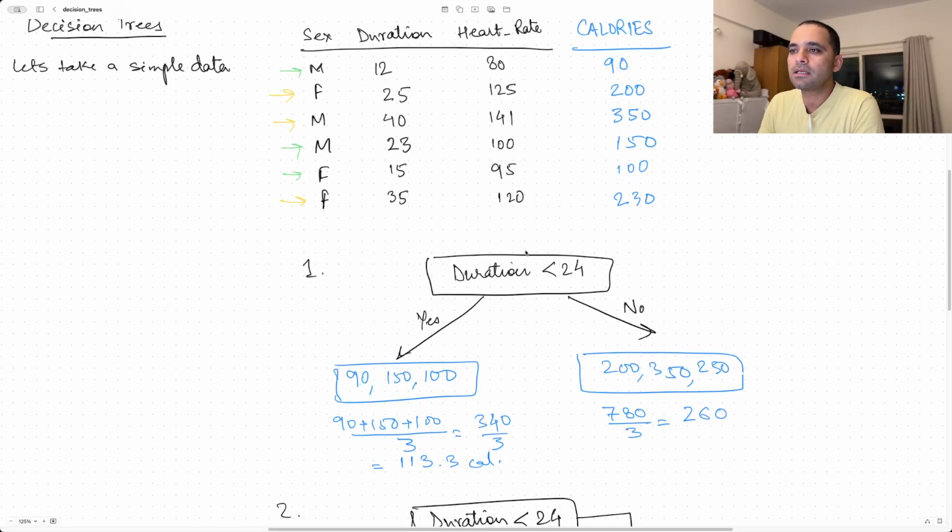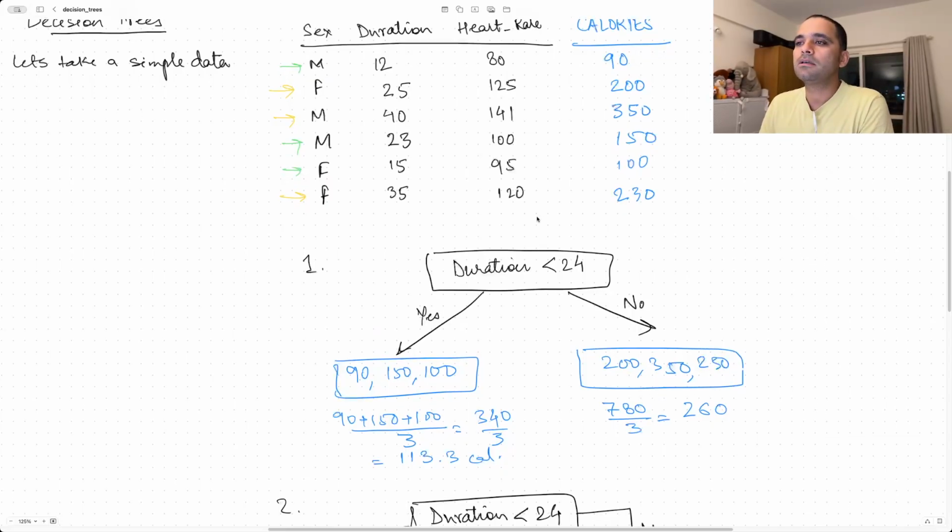One simplest way could be, I just looked at this data and noticed that whenever the duration is less than 24, so whenever the duration is 12, 23 and 15, for these workout data samples, the calories burnt are relatively lower, whereas if we go in the range above 24, they get to a higher magnitude.